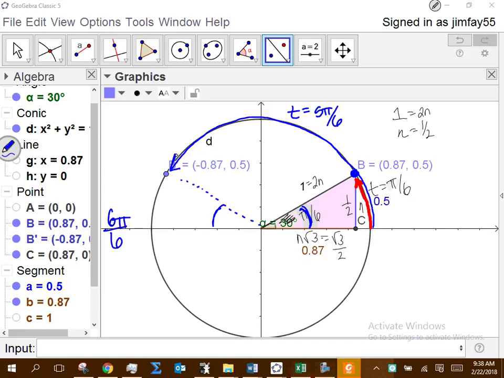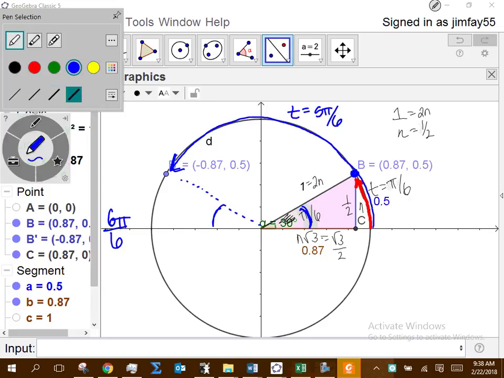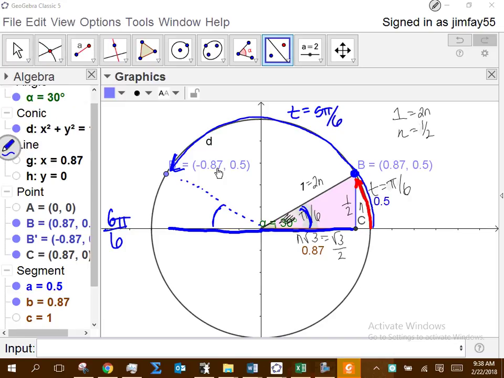So, we know we got symmetry, right? And with symmetry, and with reflections, distance is preserved. And what I mean by that, preserved means saved, right? Would you guys agree that that distance right there, when this point gets reflected, should be that distance right there? And you see, that's why you see this 0.87 here and this 0.87 there. They're the same, right?